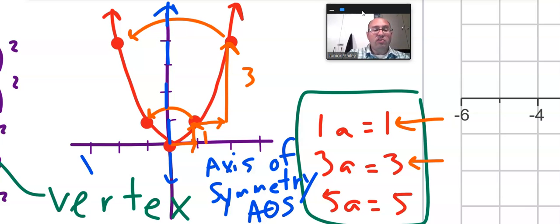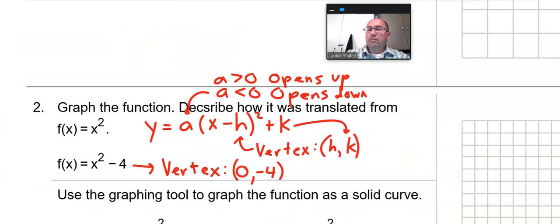Every vertical line looks like x equals a number. In our case, it would be x equals 0. Okay? So anyway, that's the basics of graphing, 1a, 3a, 5a. We find the vertex, and then we use the 1a, 3a, 5a method to graph and find other points, and then we graph the ones on the opposite side of the axis of symmetry.